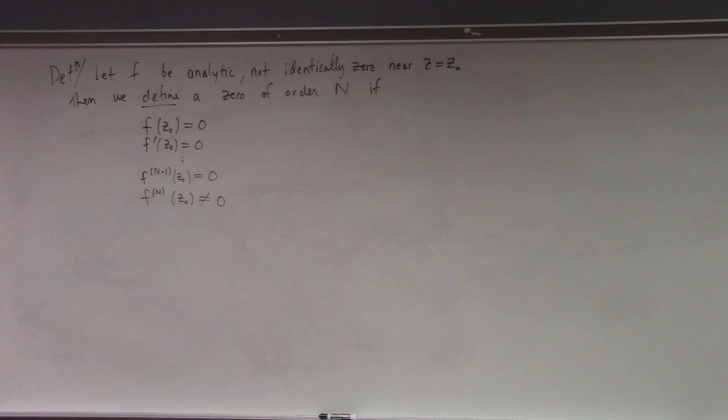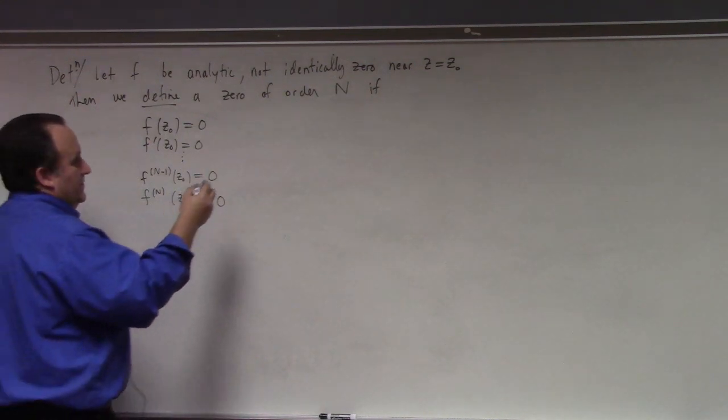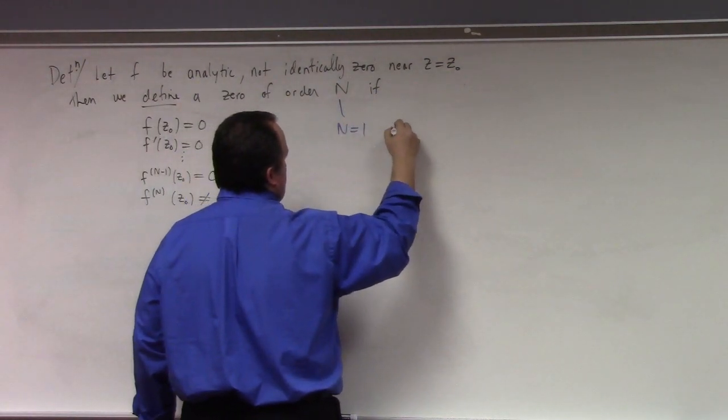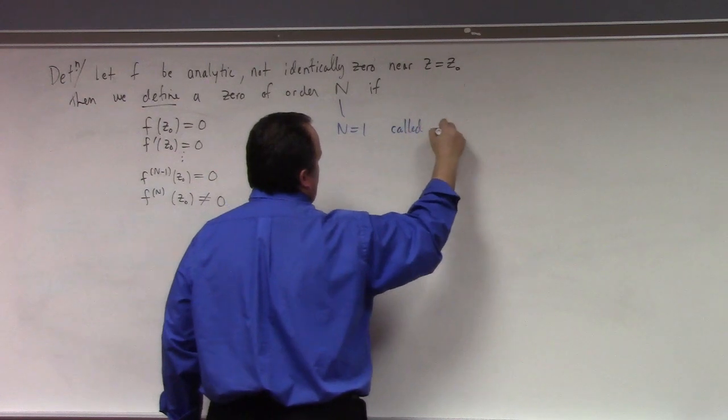Okay, so if you have n equals 1, it's called a simple 0.